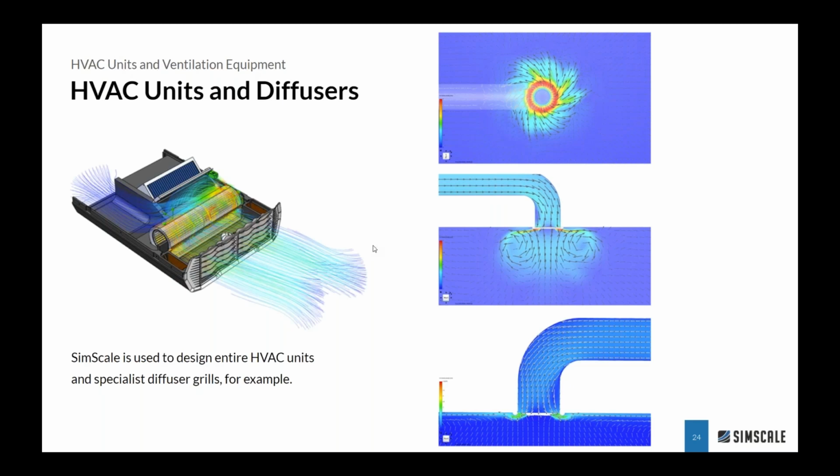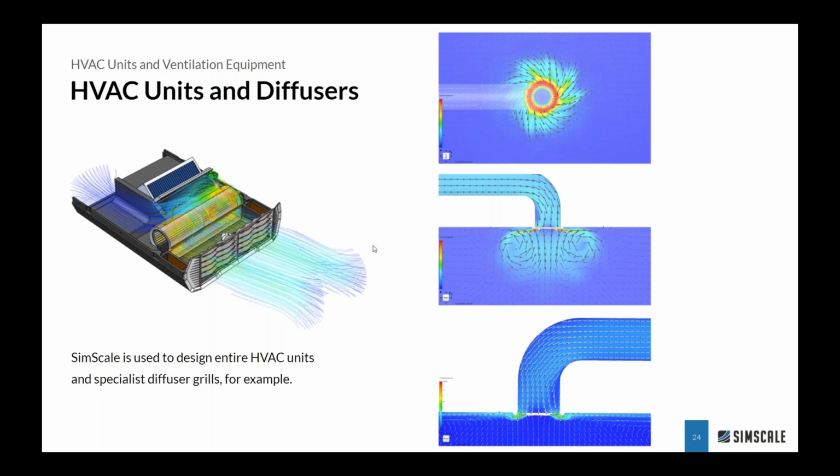And on the right side, it's an example of understanding the flow behaviors through different diffuser designs and how this might affect people that are standing or sitting directly below these types of inlets, and how this affects potentially their thermal comfort.